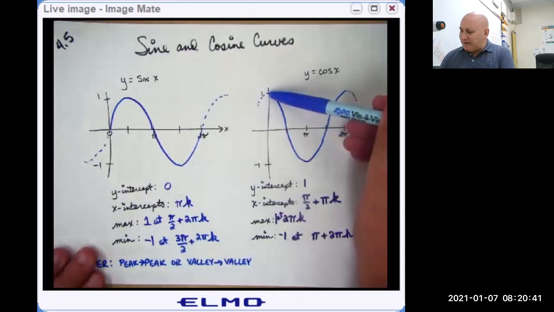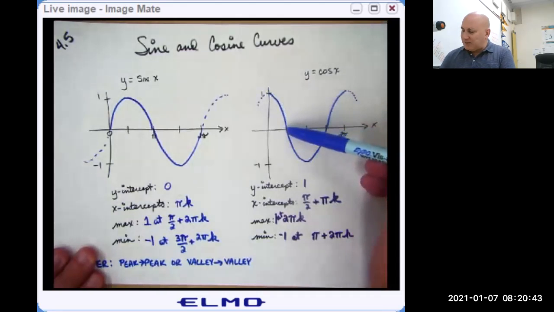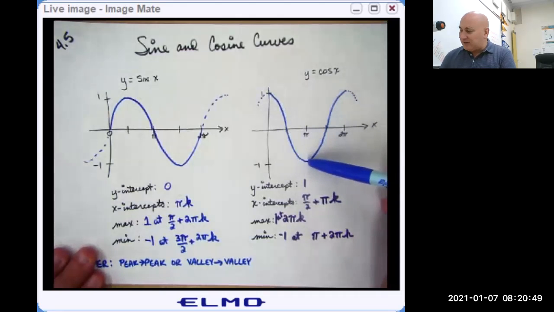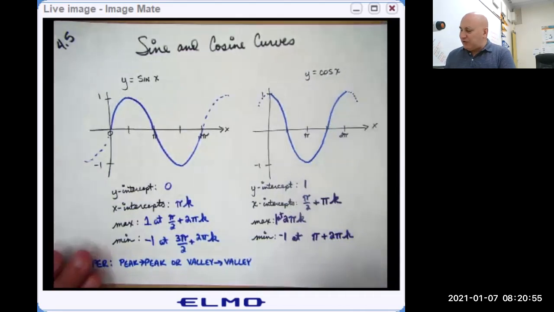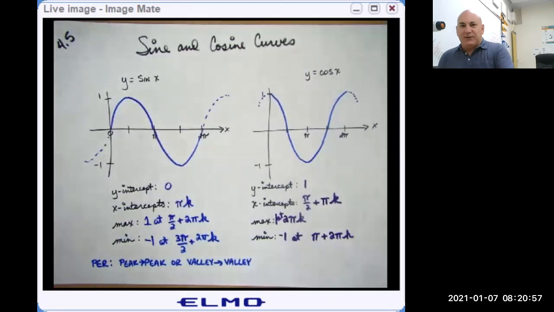So it's 1 to 0 at pi over 2 or 90 degrees, -1 at pi or 180 degrees, back to 0 and up to 1. And here's information on the intercepts.